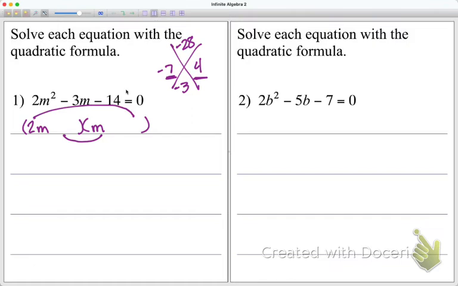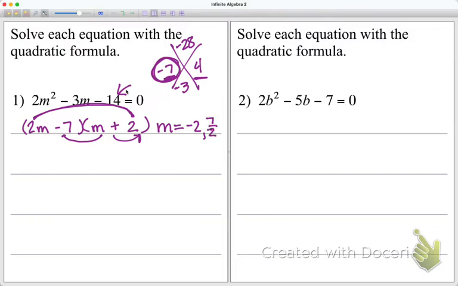No. Okay, so I got to get 4. So 2 times what is going to give me 4? 2. Is 2 a factor of 14? Yes. Is the other factor 7? Yes. So I need a positive 2 and a negative 7. How did I know it was a negative 7? Because we put negative 7. So we have m equals, I'd subtract the 2 over, so negative 2, and I would add the 7, divide by 2, and get 7 halves.